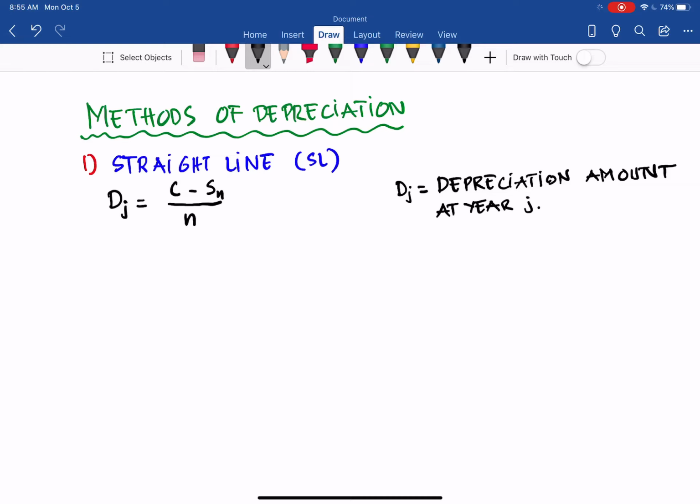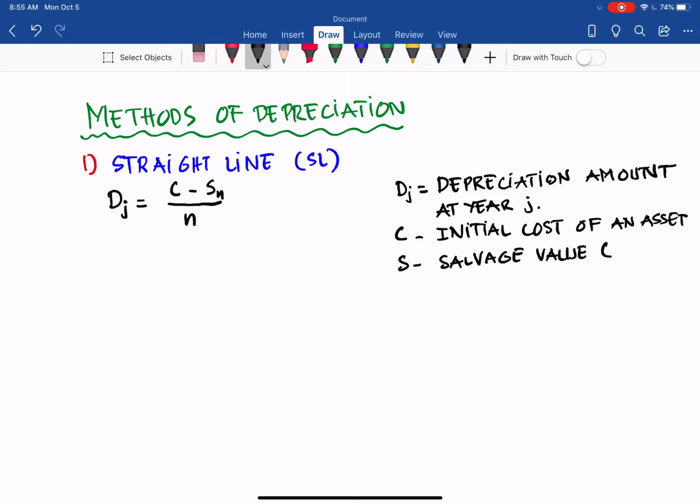And then we have C, the initial cost of an asset. We have SN, a salvage value, something that we discussed in the previous lesson, the remaining value when we want to dispose of the equipment, also known as SV, salvage value.